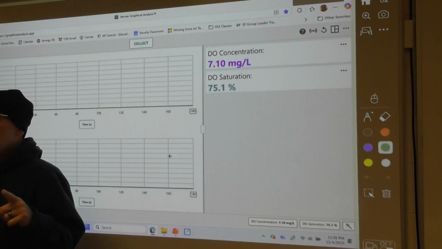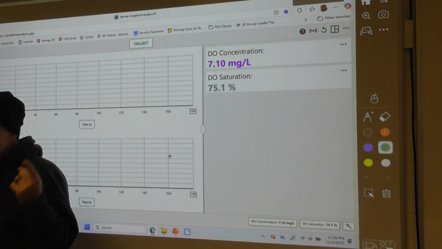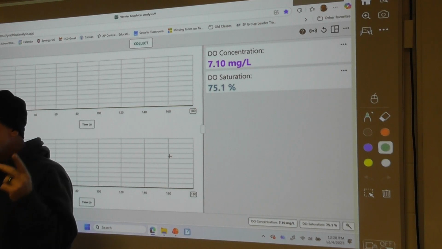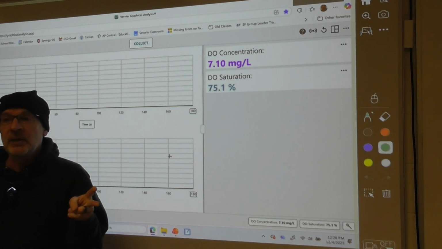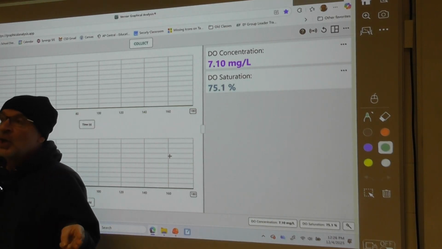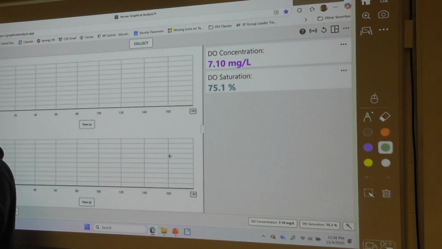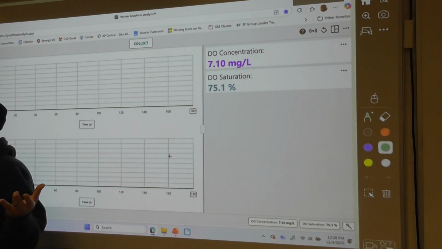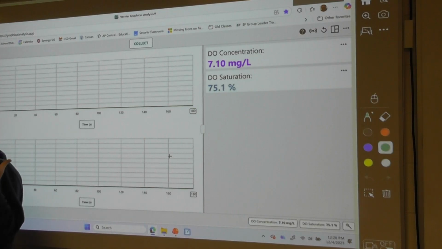You'll notice places where the water is more shallow or more deep, where there's more shade or less shade, where it seems to be moving faster or slower. You may notice places where there are more rocks or more mud underneath. All of those things could potentially have an impact on our water quality parameters.